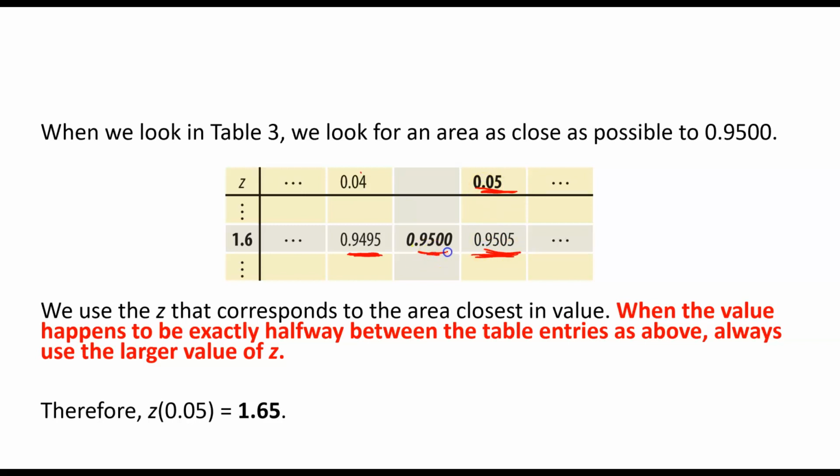And therefore, we know for sure that we've covered 0.9500. This one is just a bit in the low end. So therefore, Z of 0.05 is equal to 1.65. This means that the Z-score that has 0.05 to its right is 1.65. Okay?